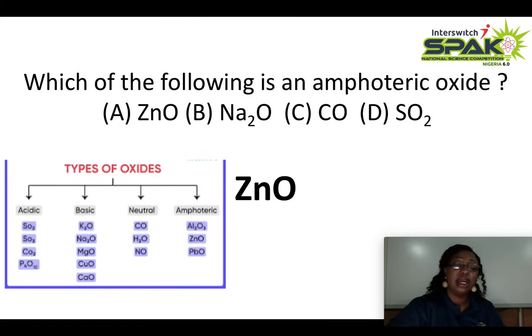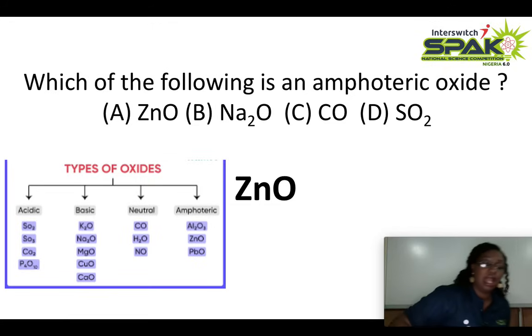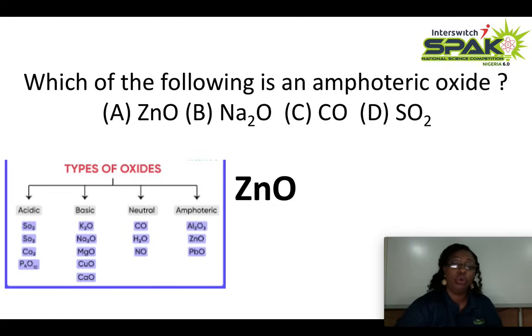All these are acidic oxides. Then we have basic: potassium oxide, sodium oxide, magnesium oxide, copper 2 oxide, and calcium oxide are basic oxides. Then we have neutral. Neutral oxides are neither acidic nor basic. We have carbon 2 oxide, we have water, and we have N2O.